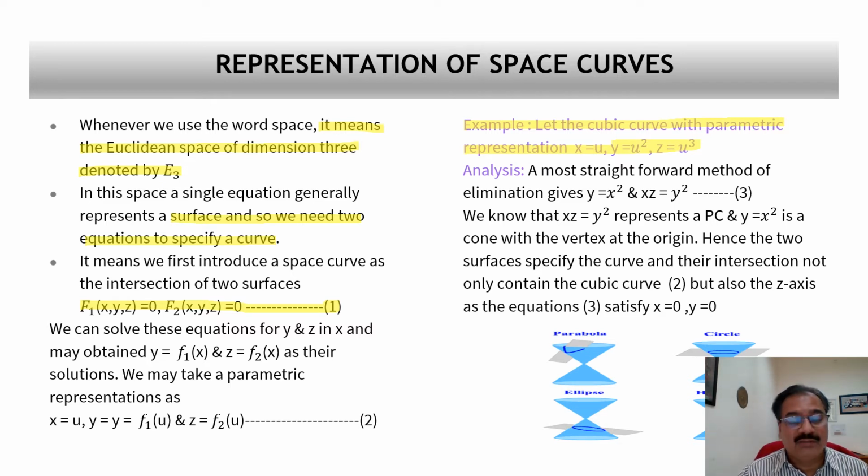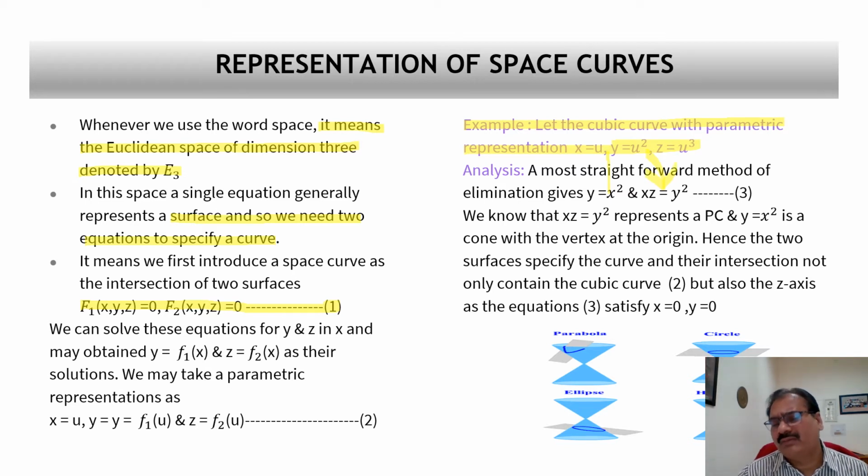Let us suppose you want to eliminate u by taking the two equations x equal to u and y equal to u square. Then you can write y equal to x square. Similarly, if you eliminate from x and z, and by including all these three equations, very easily you can write xz equal to y square and many more.